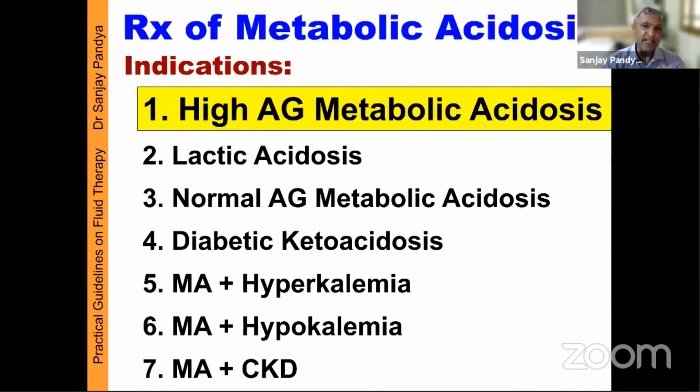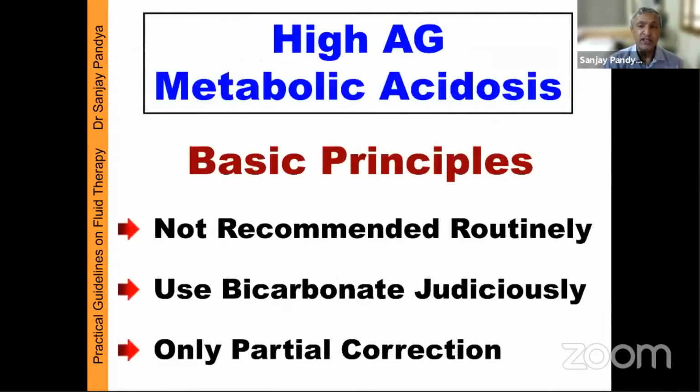Now, when to treat metabolic acidosis? See, there are many indications, and its use depends upon what problem we are using bicarb therapy for. In patients with high anion gap metabolic acidosis, the basic principle is that it is not recommended routinely. Use it judiciously, and whenever you are using it, use it only for partial correction. Our aim should not be to bring the pH to 7.4 or to bring bicarbonate to 24.